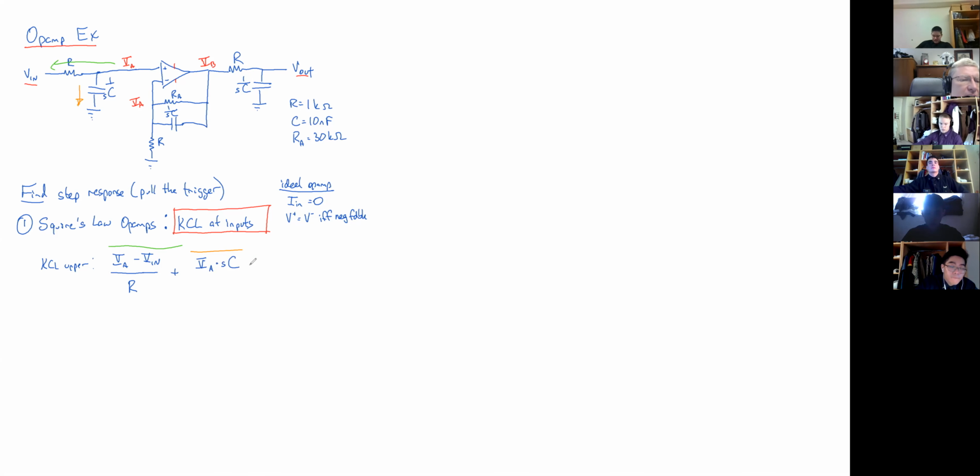All right, so now we've done it for almost all of our nodes. We've done this side, and we've just left with what goes into the op-amp, which would be, Joe, how much is going into the op-amp? 0. 0. So this lets us solve for V sub A as a function of Vn, which is known.